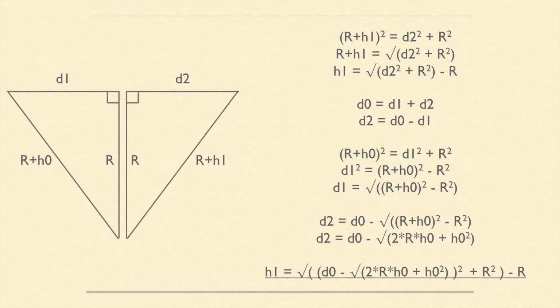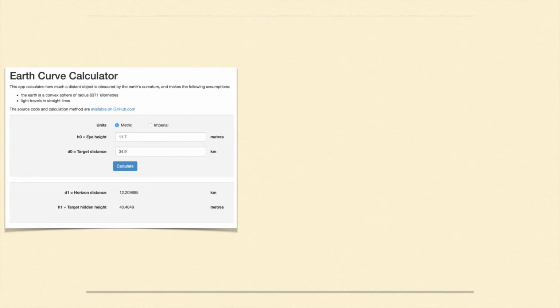So we know everything, and we can use this equation to find the target hidden height. So according to the Earth curvature calculator, the target hidden height for a distance of 34.9 kilometers with an eye height of 11.7 meters is 40.4 meters.